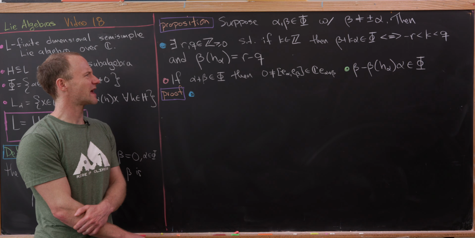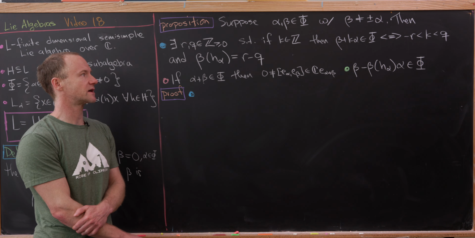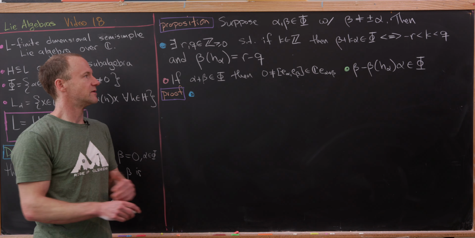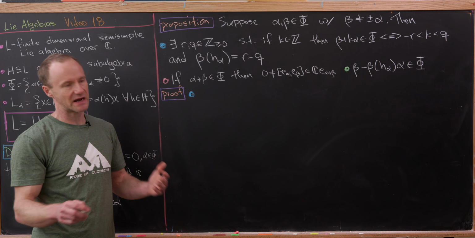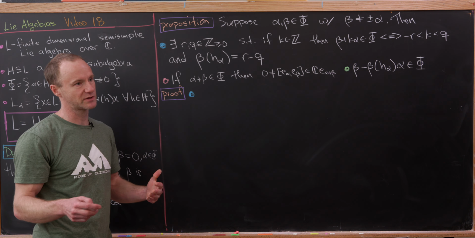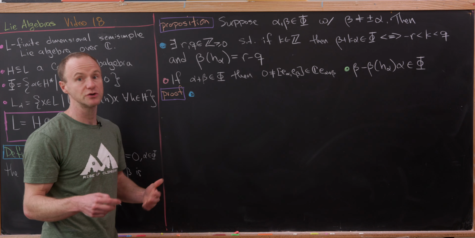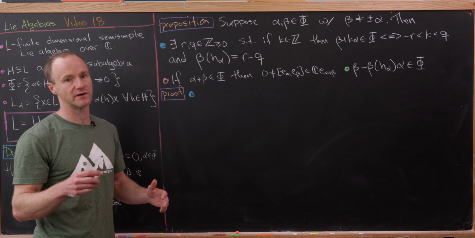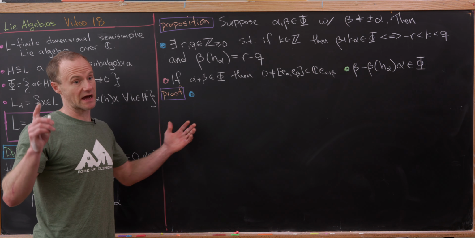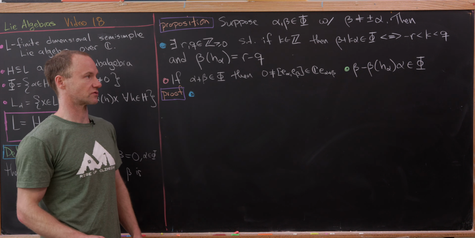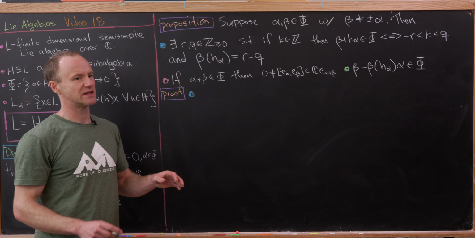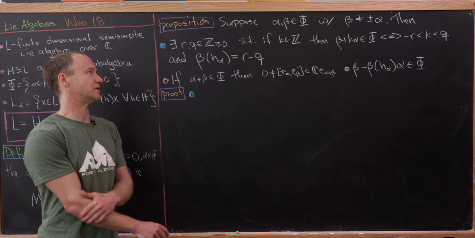So that means that we've got a root string, if you will, for instance, beta minus 2 alpha, beta minus alpha, beta, beta plus alpha, beta plus 2 alpha, beta plus 3 alpha. Maybe that could be our range of the root string. Notice that means that you can't have any gaps, if you will.